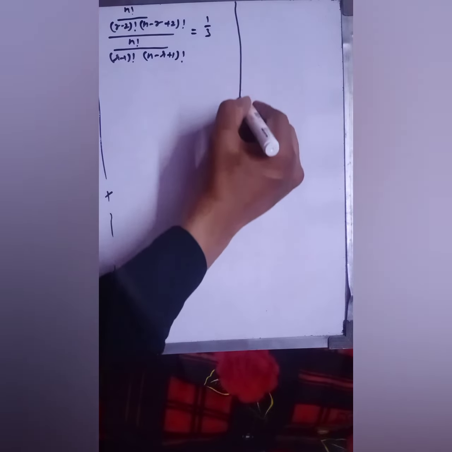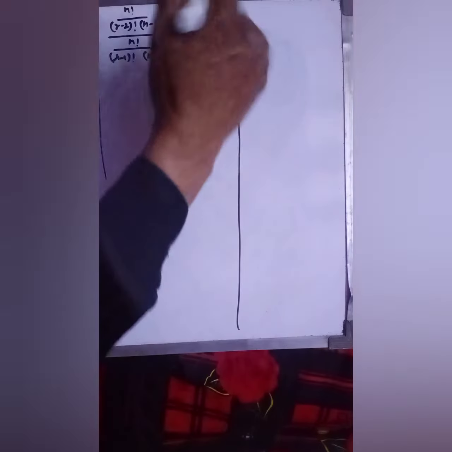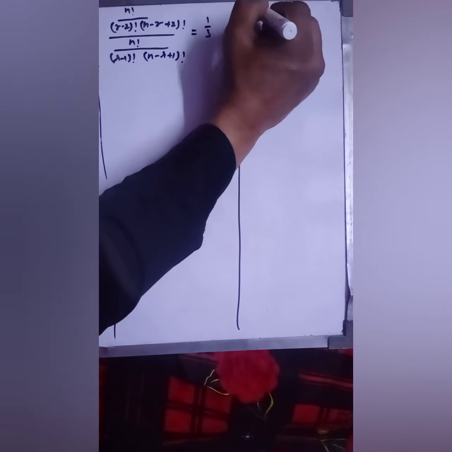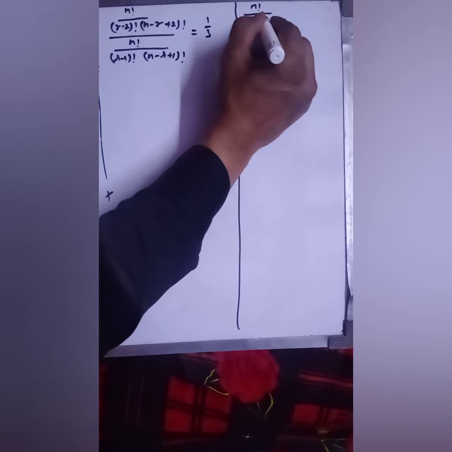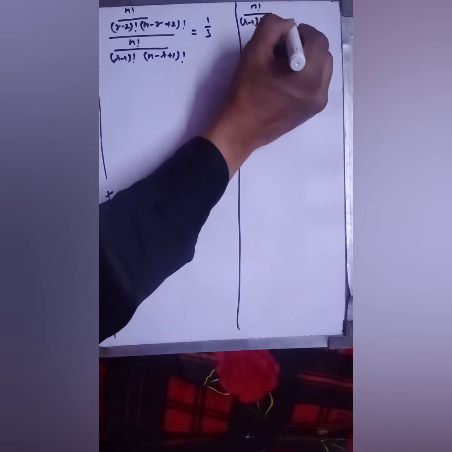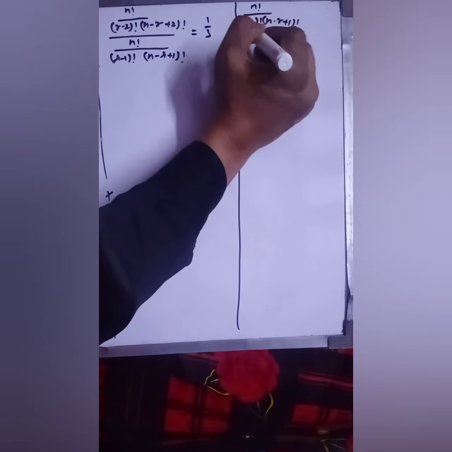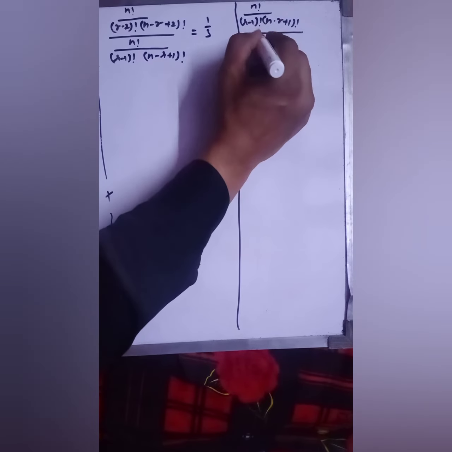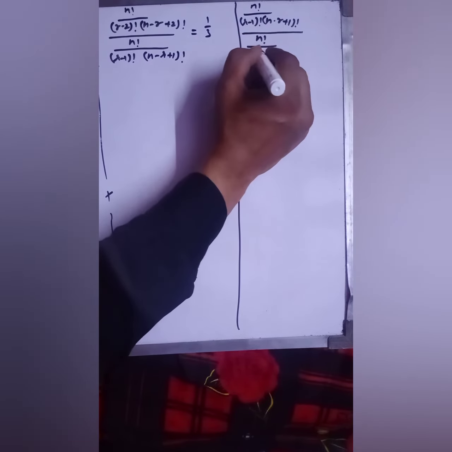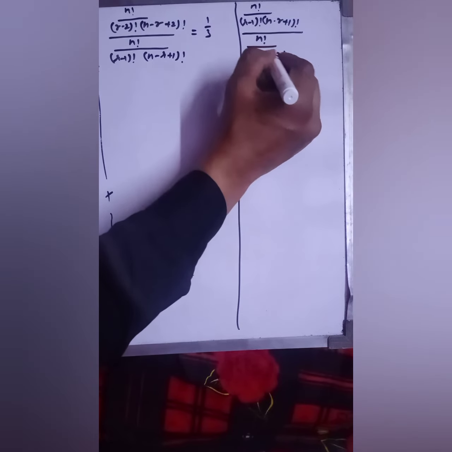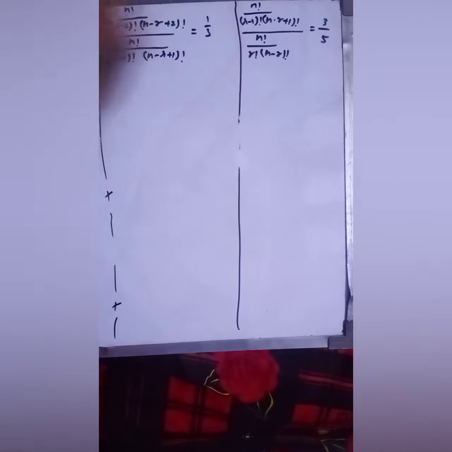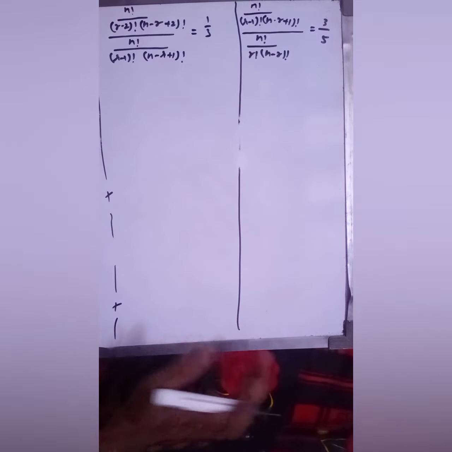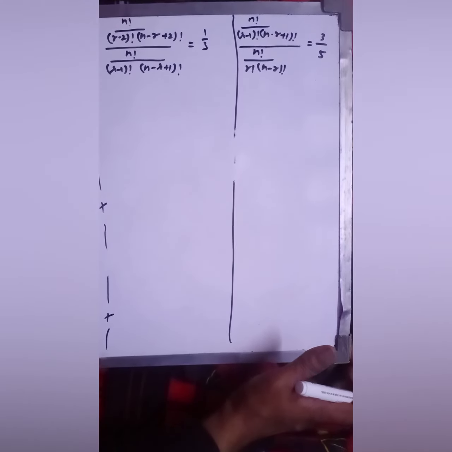On the other part this would be n factorial over (r minus 1) factorial (n minus r plus 1) factorial, over n factorial over r factorial (n minus r) factorial. So that is equals to 3 by 5.